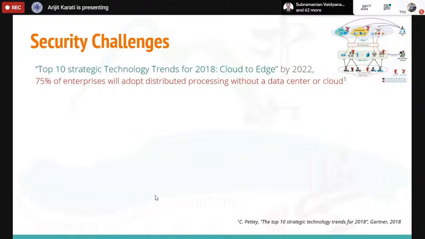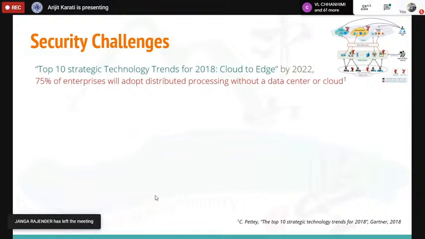If you see the edge computing model, according to the Gartner 2018 report, 75% of enterprises will adopt distributed processing without a data center or cloud by 2022. So edge security is an exciting and focused topic: how to provide security against vulnerable devices which are actually getting our data.